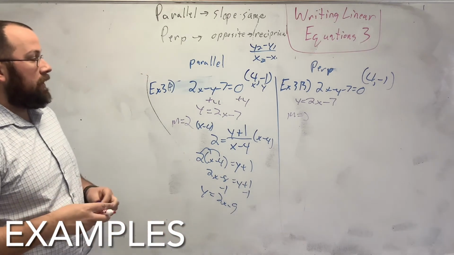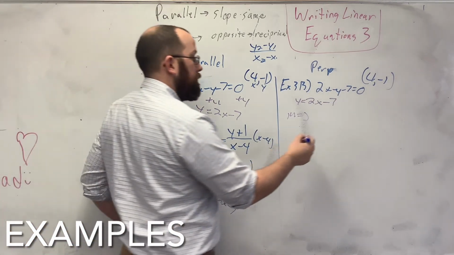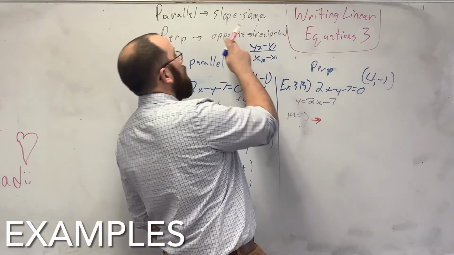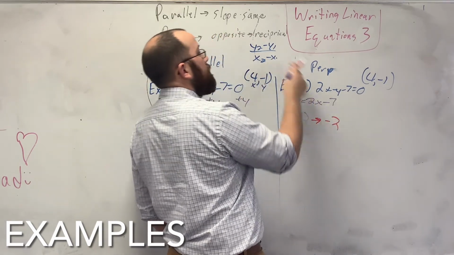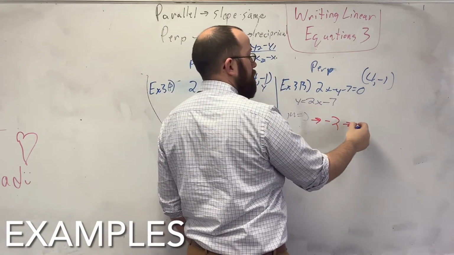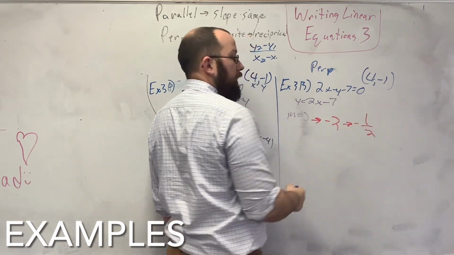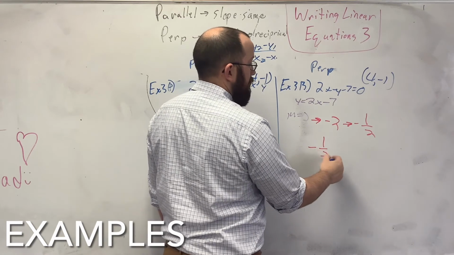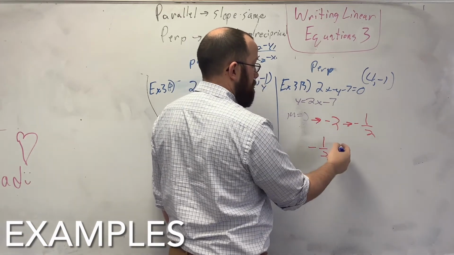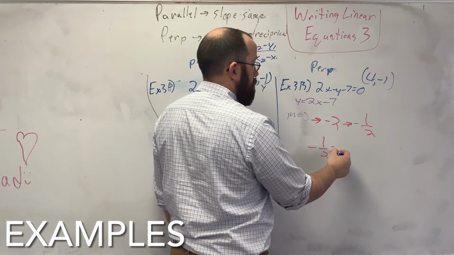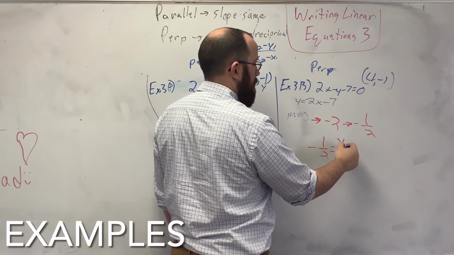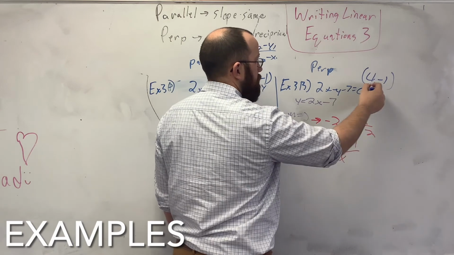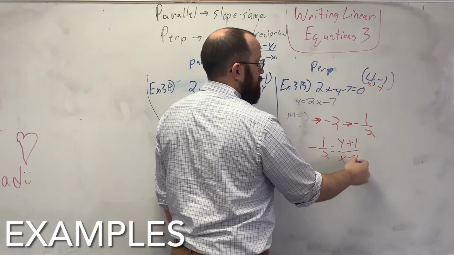That's my parallel. Now let's do the perpendicular one. So for 2, I take the opposite, so make it negative 2. Then I take the reciprocal, negative 1/2. All right, now we have our new slope and we have our point. Let's figure out what it's going to be. Negative 1/2 equals y plus 1 over x minus 4.